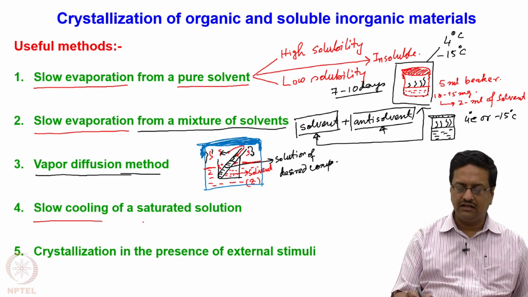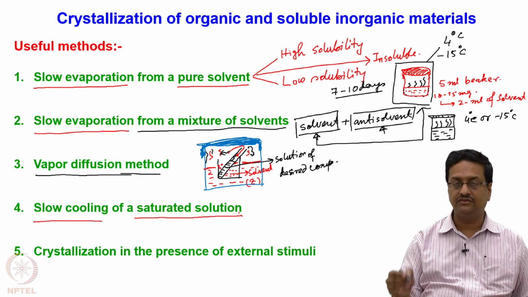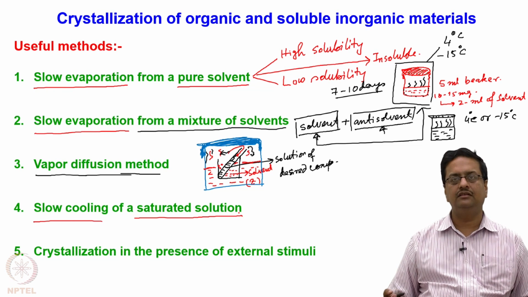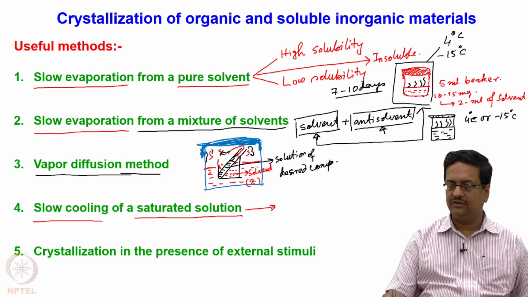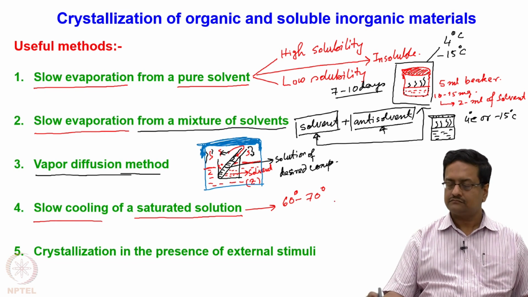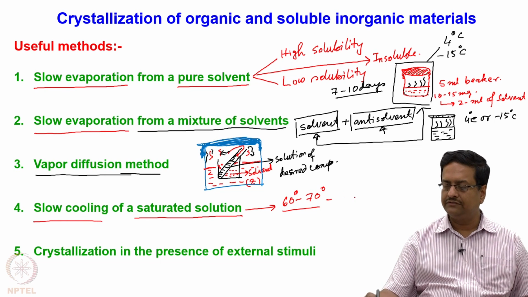What you might have done is you might have made a saturated solution of the compound in a test tube by slowly or rapidly evaporating the solvent and making it saturated at elevated temperature, maybe at 60 to 70 degrees centigrade, and then you might have left it on the rack.